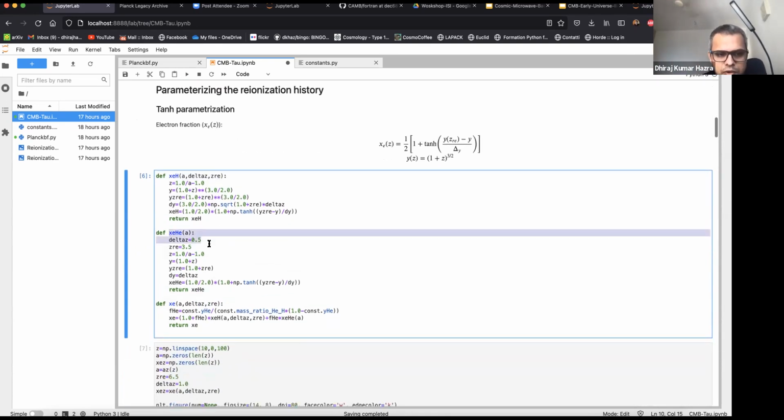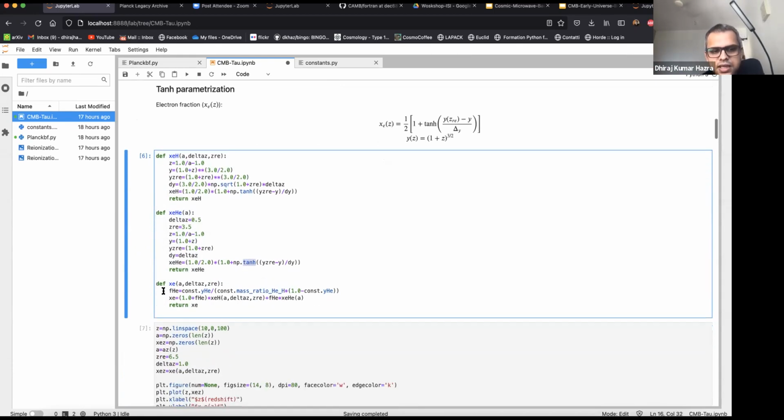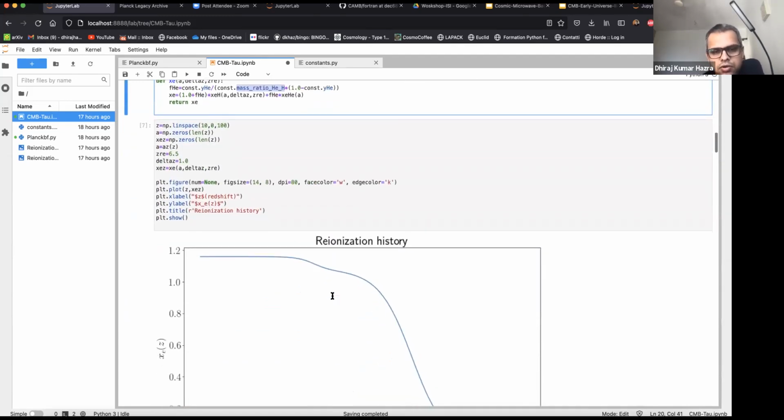Then you can calculate this XE from helium. This is also assumed to be in tanh format, and then you add them: XE from hydrogen and XE from helium, which depends on the helium fraction. There you have to compute your primordial helium fraction Y_He, then convert that using the mass ratio between helium and hydrogen, and you compute that.